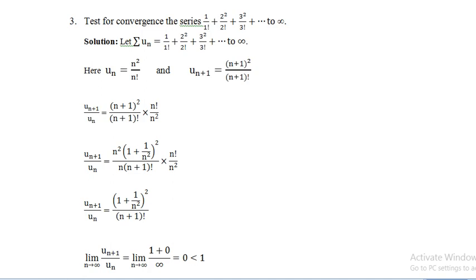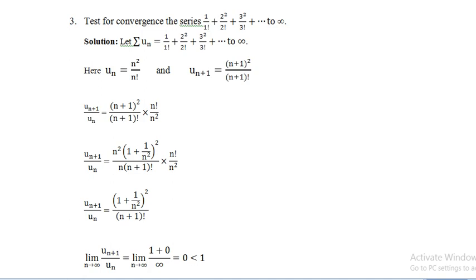So its nth term: the numerator is 1, 2 square, 3 square, 4 square, which becomes n square, and the denominator is 1 factorial, 2 factorial, 3 factorial, 4 factorial, 5 factorial, which means n factorial. So the nth term of the given series is n square by n factorial.